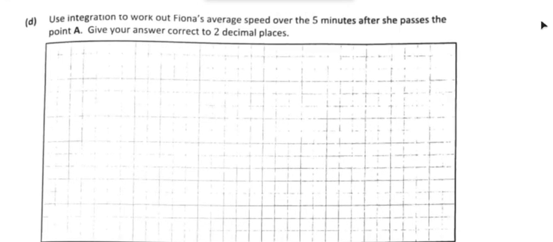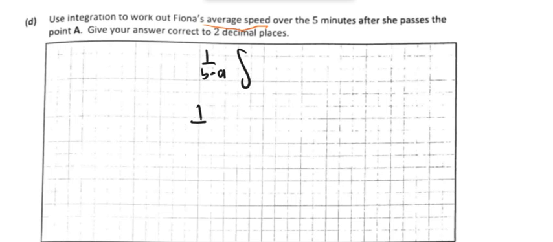Okay, so use integration to work out average speed. When you see average in these integration questions, you just have to go to the log tables and use that average formula. That's 1 over b minus a, and then the integral of whatever it is.